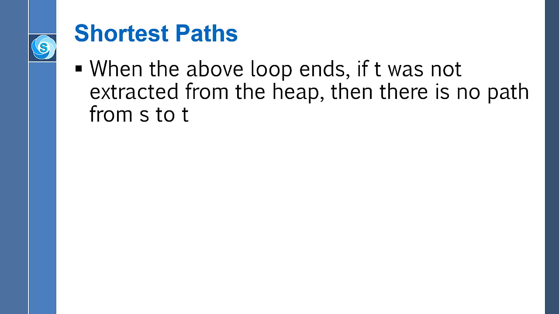Now, either we did or didn't remove T. Assuming that we're trying to get to a specific target vertex T, then either we did or we did not remove T. If we had not removed T and we kept looping until the heap was empty, then, as I said before, there's no way you can get from S to T. There is no path from S to T.